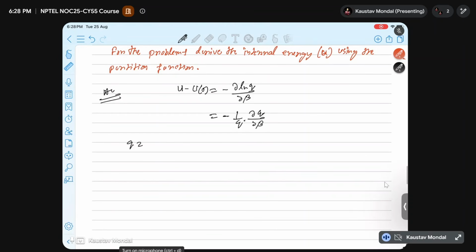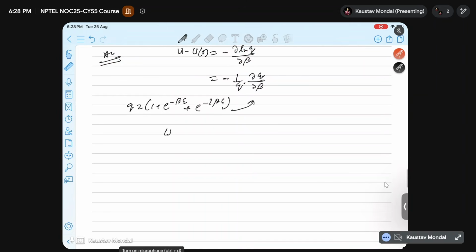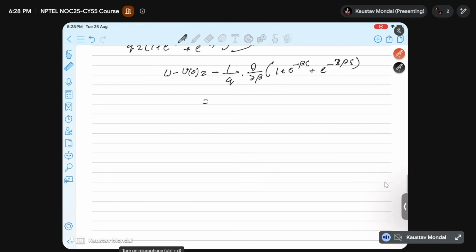So Q we know is 1 plus e to the power minus beta E plus e to the power minus 2 beta E. So from here, if you substitute this, you get U is equal to minus 1 by Q into del beta of 1 plus e to the power minus beta E plus e to the power minus 2 beta E. Do the derivative, we will get minus of e to the power minus beta E plus minus 2 e to the power minus 2 beta E divided by Q.